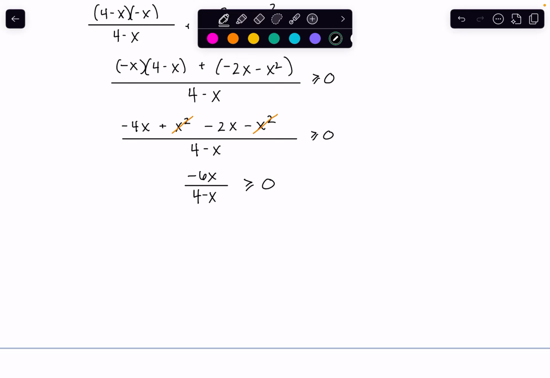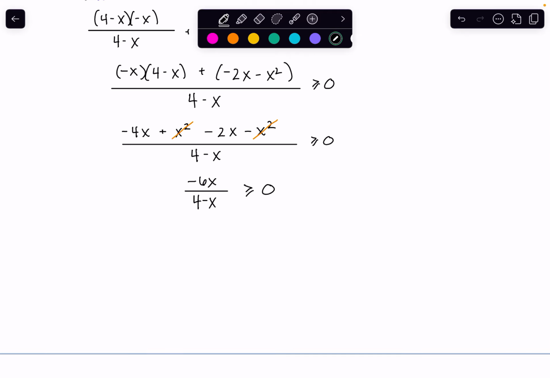So if I go to now find my important numbers, I can do that right from here. So I need where the numerator is equal to 0. So if I set that equal to 0, well, that gives me x equals 0. And then when I set the denominator equal to 0, another key number is positive 4.